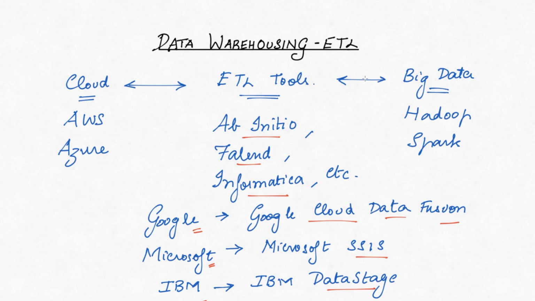These tools have integrations with cloud tools like Amazon Web Services and Azure, and big data tools like Hadoop and Apache Spark, as big data and cloud tools are frequently used in conjunction with ETL tools in data pipelines.